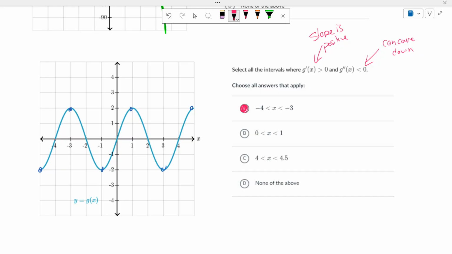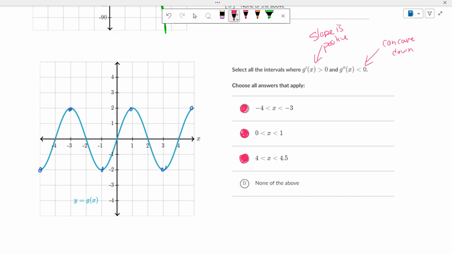If we look at B, from 0 to 1, it's concave down and it's a positive slope. So 0 to 1 would also work. 4 to 4.5, it's going up, and it's part that's concave down. So all three of them would work.